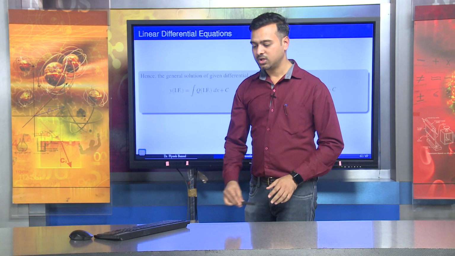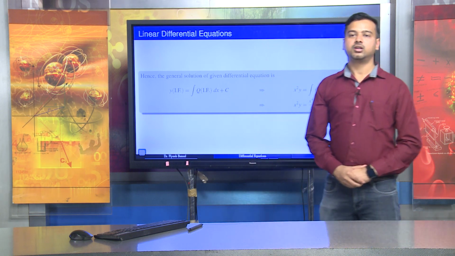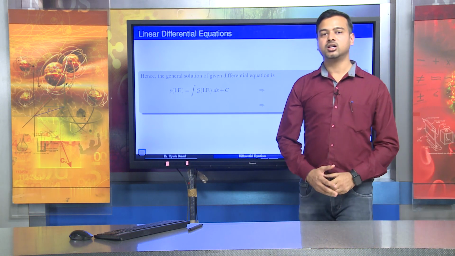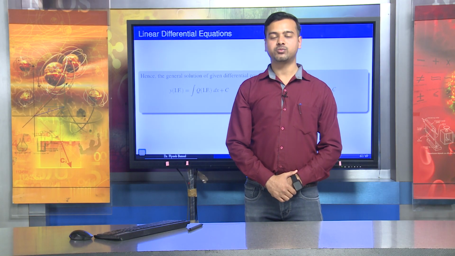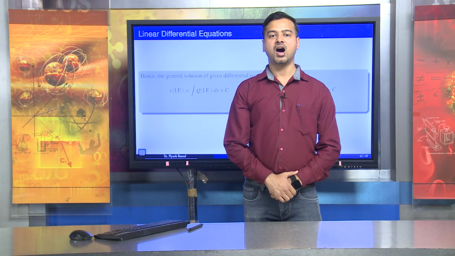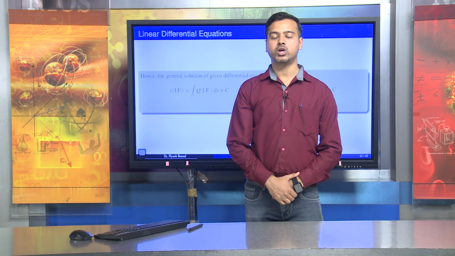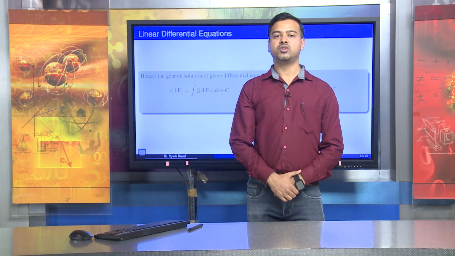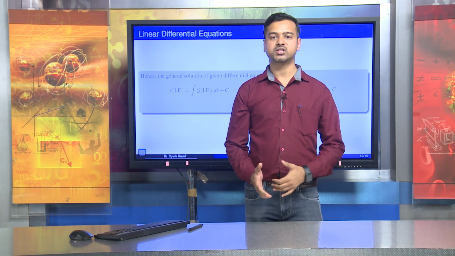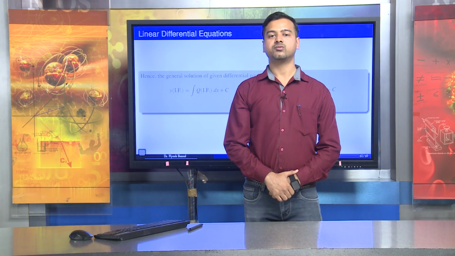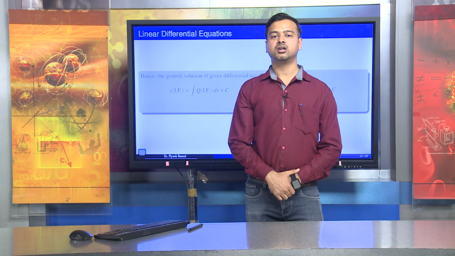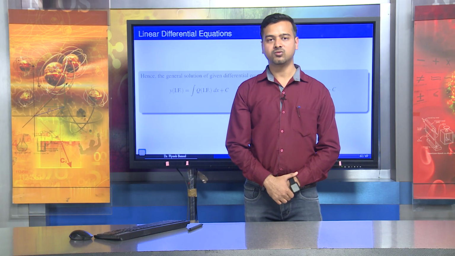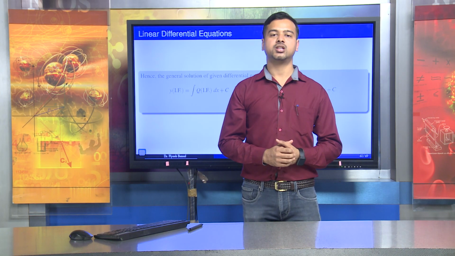So, the idea basically here is that when we have differential equations, we can have two types of problems. One is when the solution curve is given and you are asked to find the resulting differential equation. In such cases, we simply take derivatives on both sides with respect to x or with respect to y, depending on what kind of solution curve it is, and then remove the arbitrary constants involved and get the differential equation.